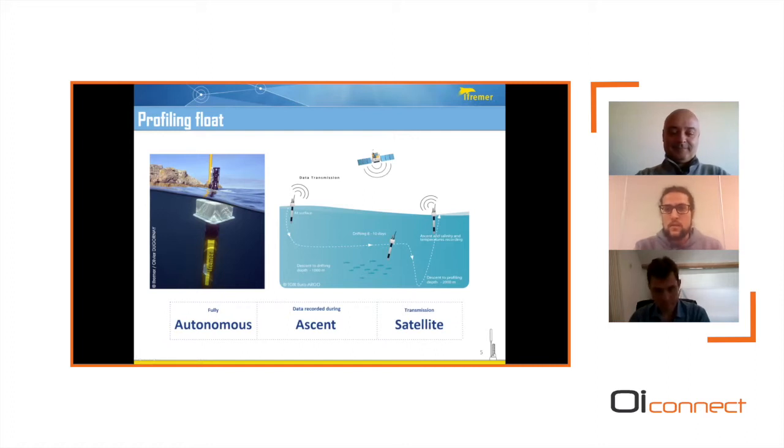And then during the ascent of the float, you have the salinity and the temperature, which are recorded. So that's what the float will do over all its lifetime. And once again, once the float reaches the surface, data will be transmitted again.